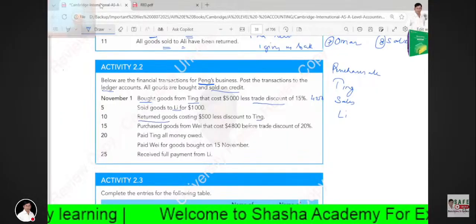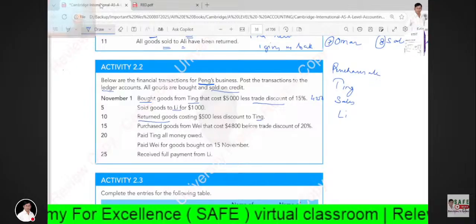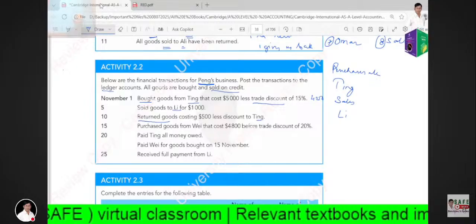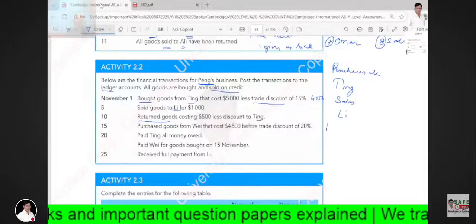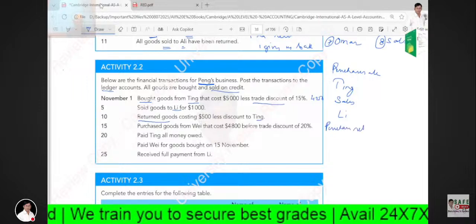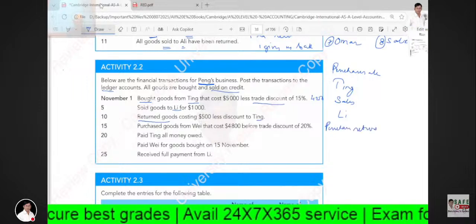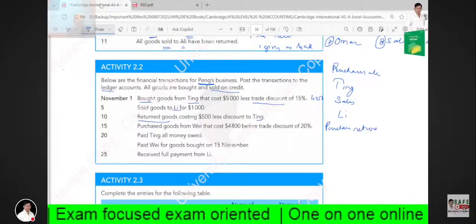Who is Ting? He is a supplier. Returning means those goods which we have purchased will be returned. So these are purchase returns.